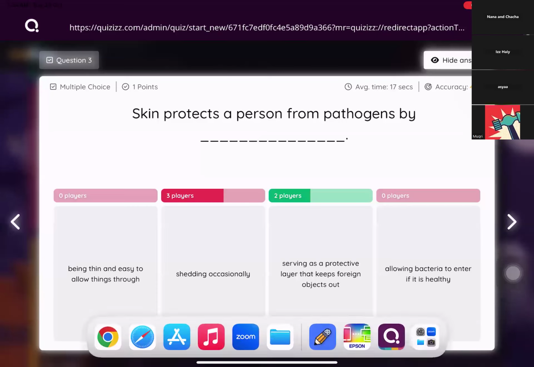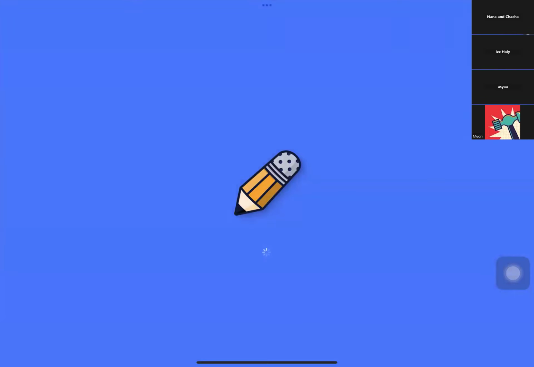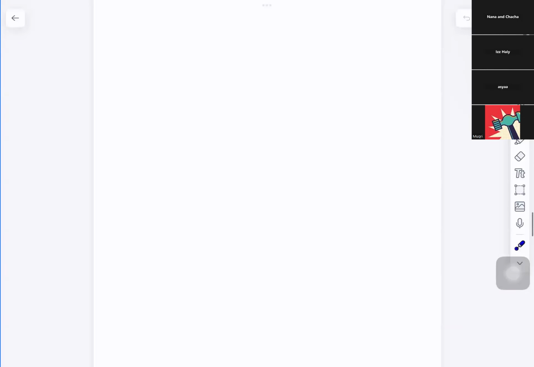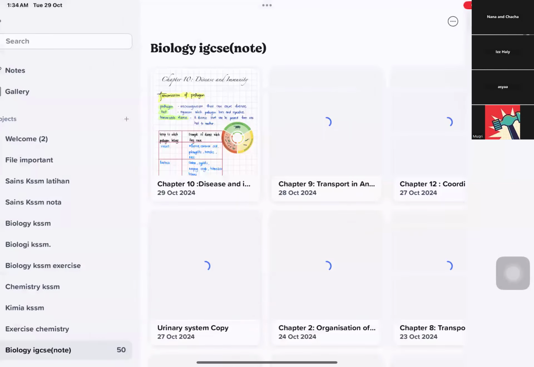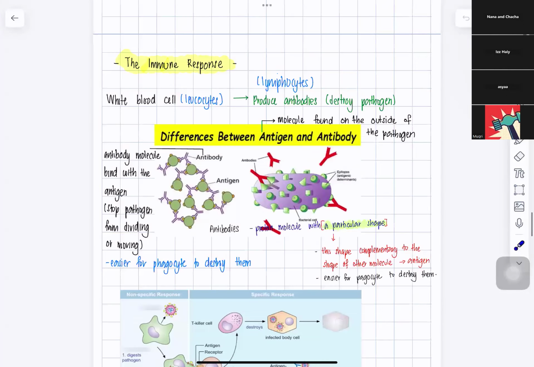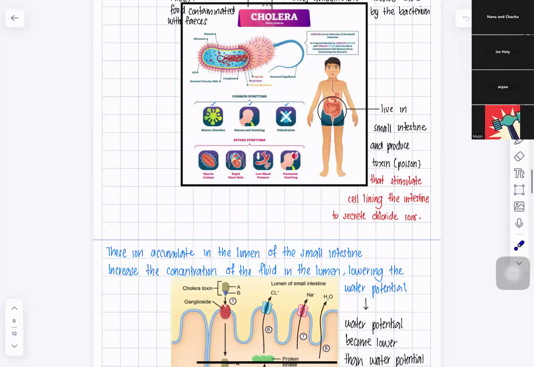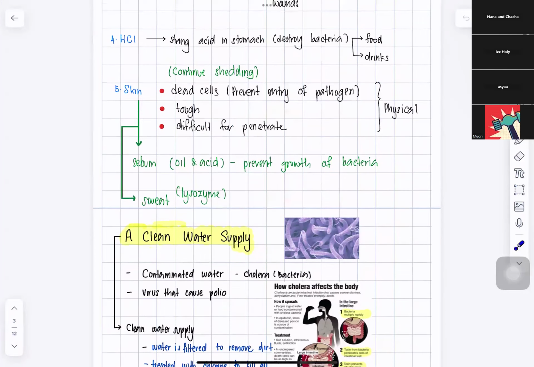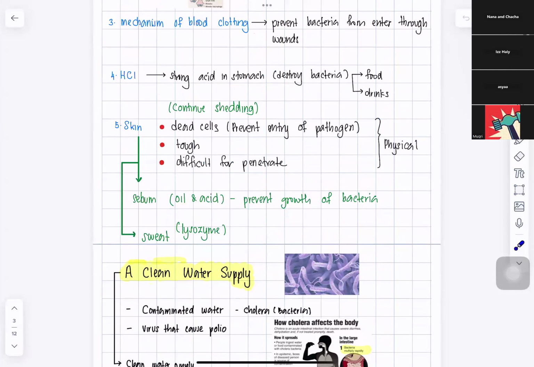In my note, it's not shed off, because it continues shedding dead cells. But shedding organisms is not frequent. It's also correct actually.